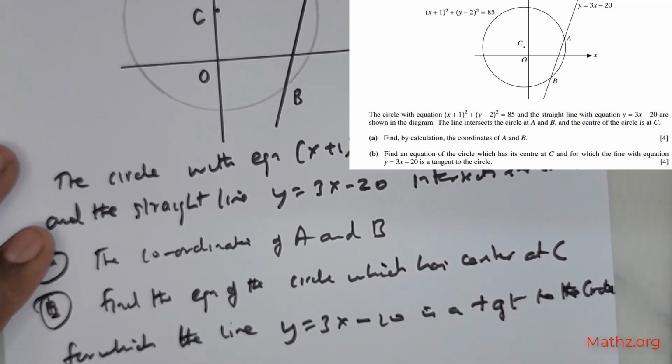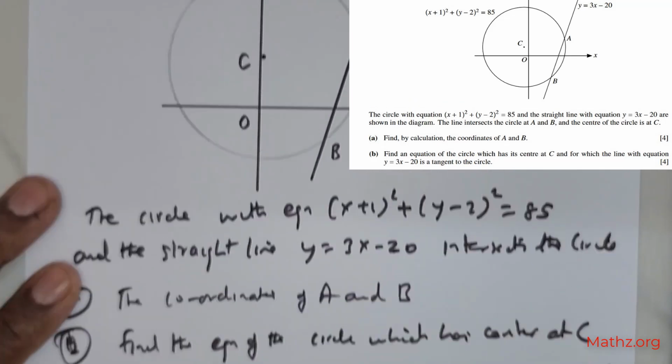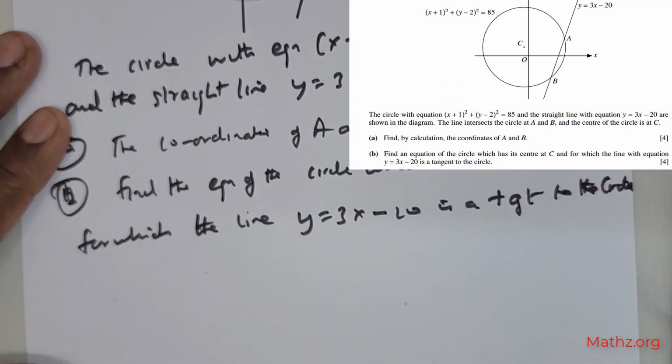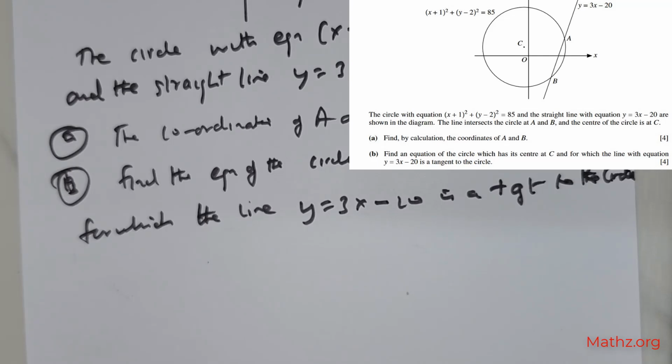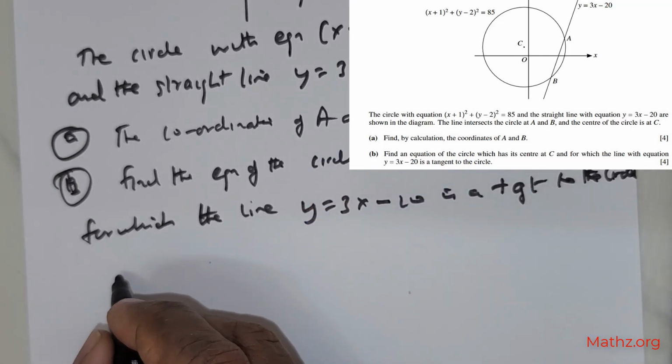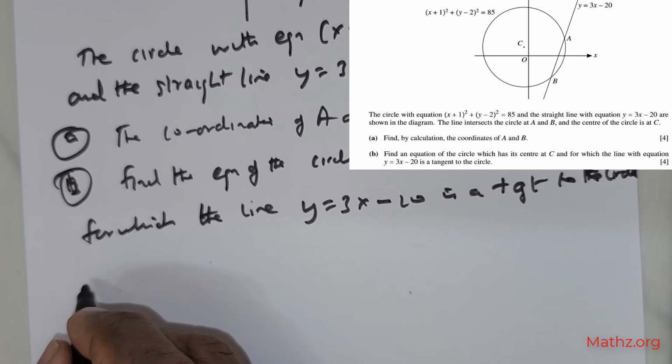Okay, so we are expected to do all of this. Okay, let me find the first one, the coordinates of A and B.